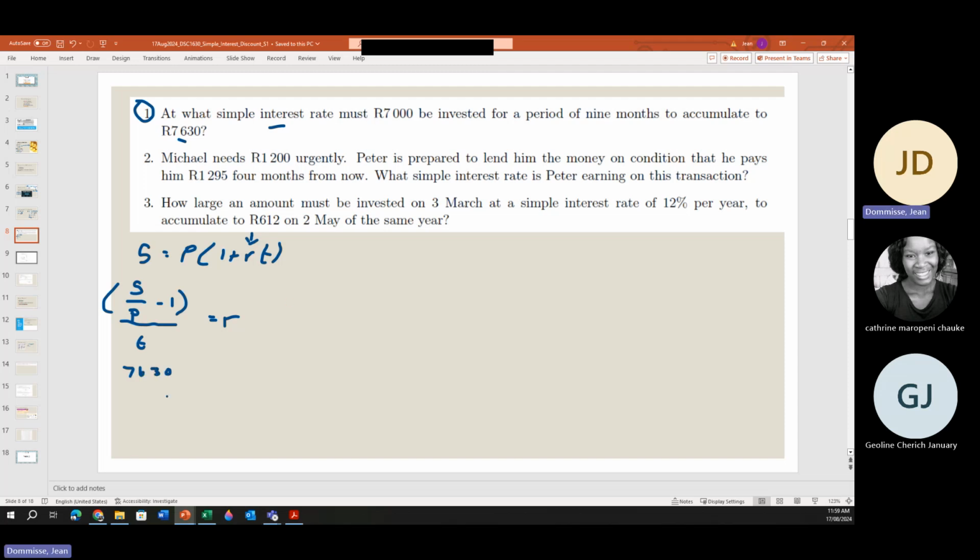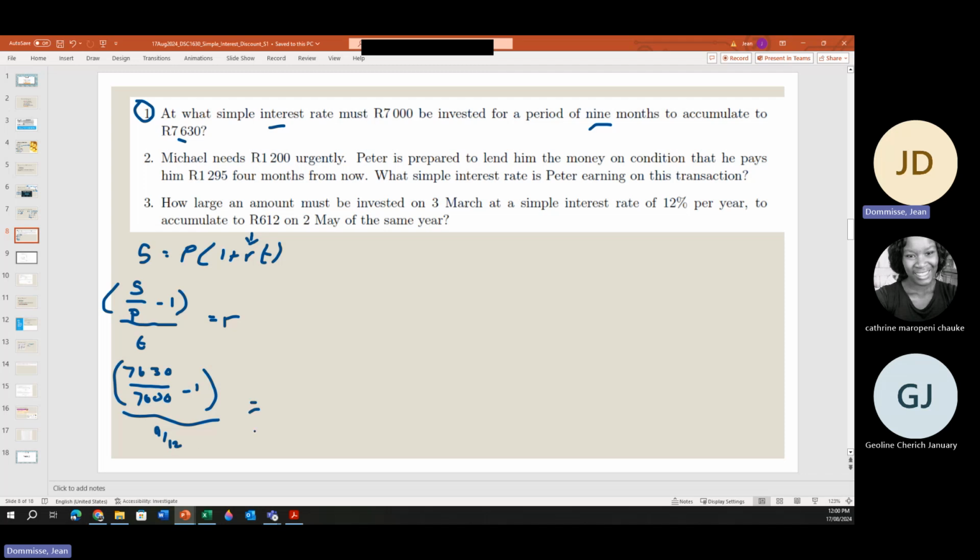We've got the present value, or the principal, which is 7,000. We subtract 1 from that, and then we divide it by the time. The time was 9 months, so we need to say 9 divided by 12.